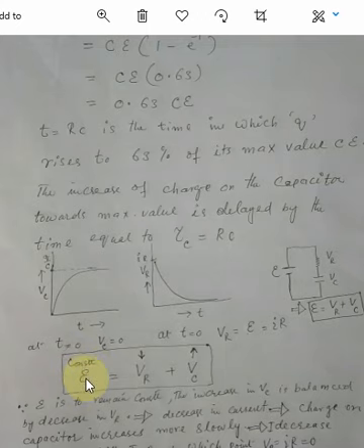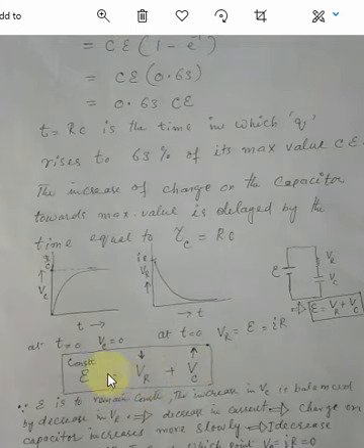So this is constant in time, and here you can see that this VC is rising with time. So it is not possible that VC goes on increasing and VR stays constant, because this sum will increase and will no longer be equal to E. E will not be constant, in other words, because VC is increasing and VR is staying constant.